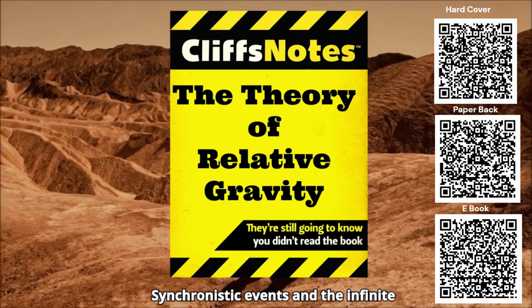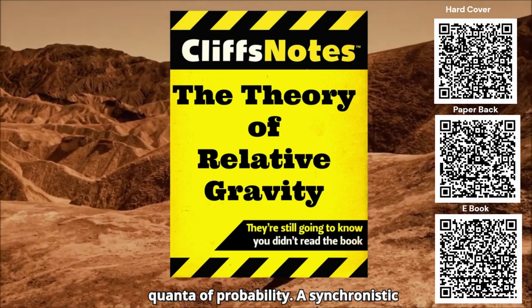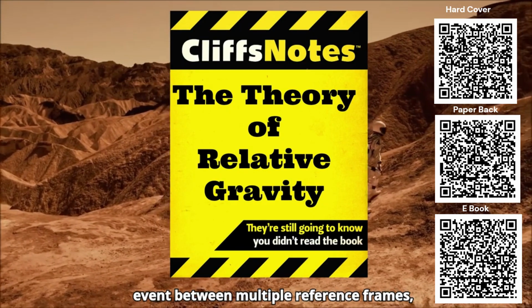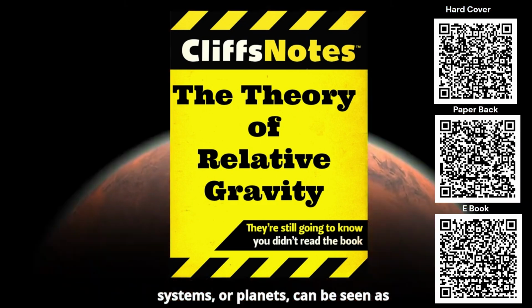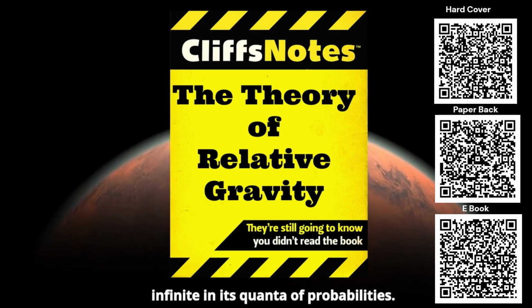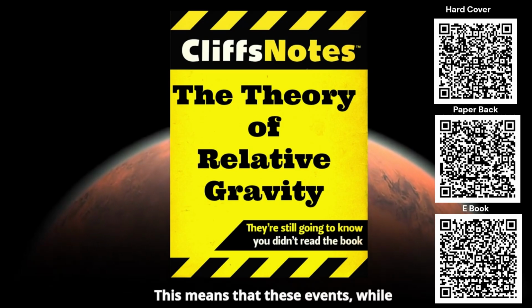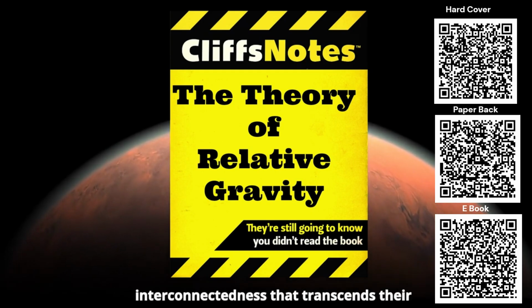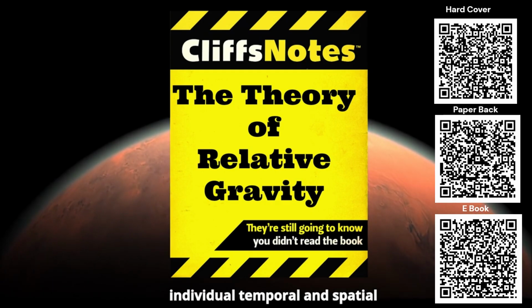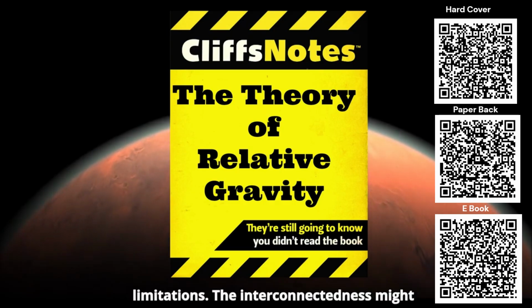Synchronistic events and the infinite quanta of probability. A synchronistic event between multiple reference frames, such as different galaxies, solar systems, or planets, can be seen as infinite in its quanta of probabilities. This means that these events, while potentially infinite in their possibilities, share a kind of interconnectedness that transcends their individual temporal and spatial limitations.